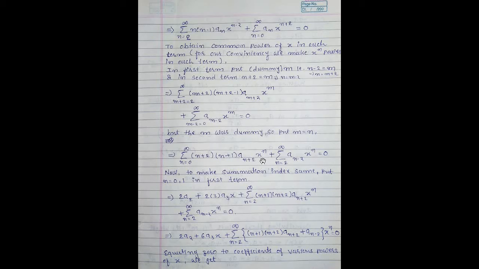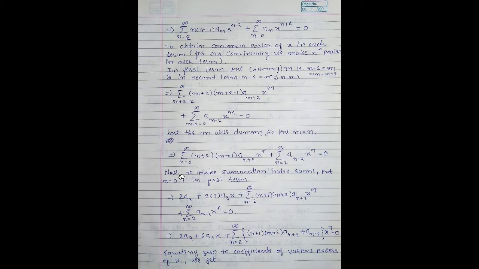Now power of x is same in both the terms. So next step is make summation index same. That means both summations should start from same number. The first summation starts from 0. In the second summation, second term, summation starts from 2, right? So if we put n equal to 0 and n equal to 1 in first term, then this summation will start from 2.